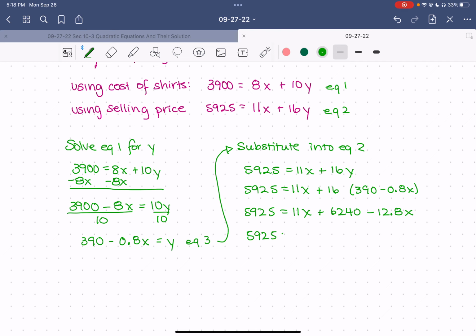I'll combine my like terms. 11x minus 12.8x is negative 1.8x.